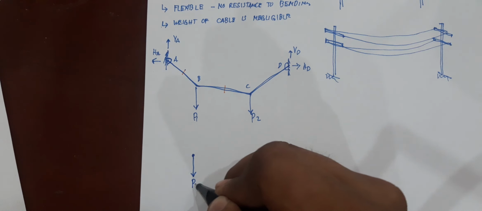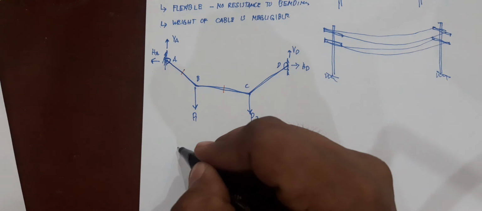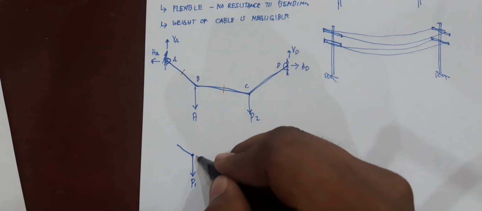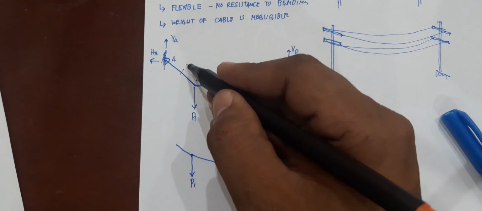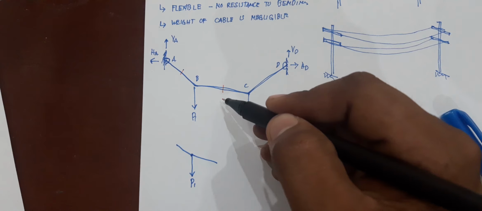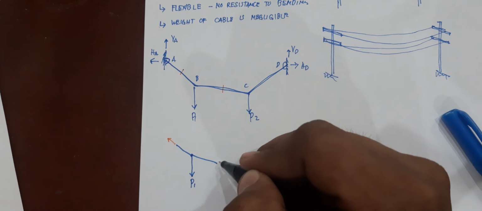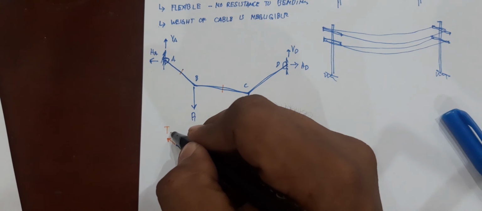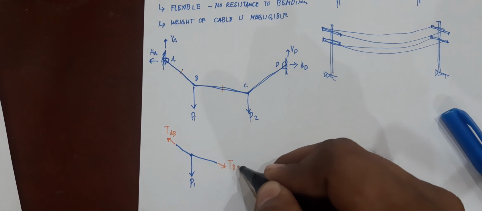You have here load P1, and then your cable on that portion, let's denote as cable AB and cable BC. Since you have passed a section on those parts of your cable, you should reflect the tensile force acting on each cable: tension in cable AB, and tension in cable BC.